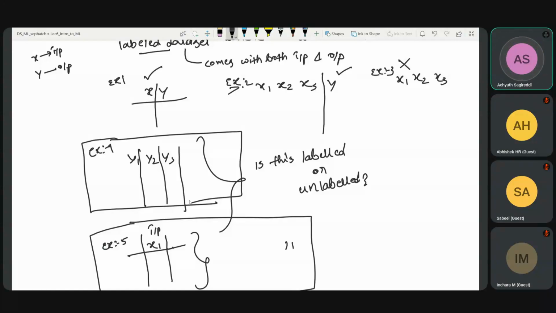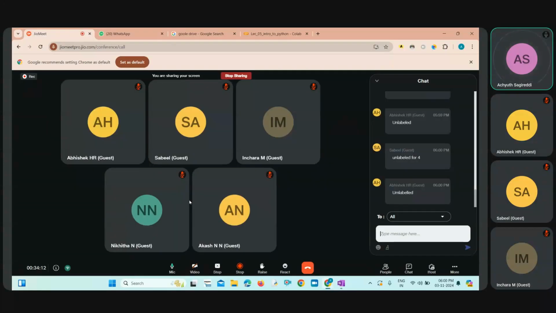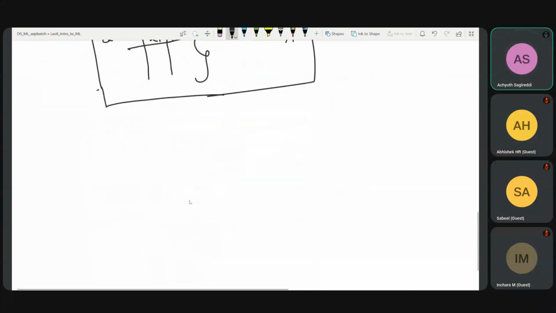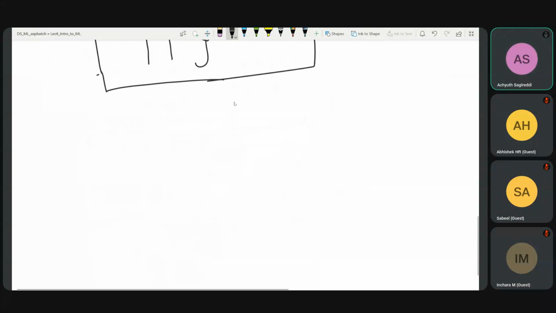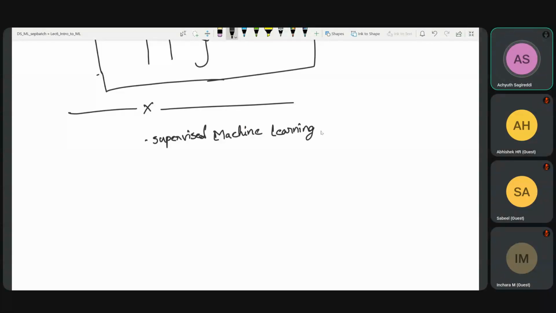In supervised machine learning algorithms, in supervised learning, again there are two classifications. We'll see about those things. In supervised machine learning algorithms, there are two things.